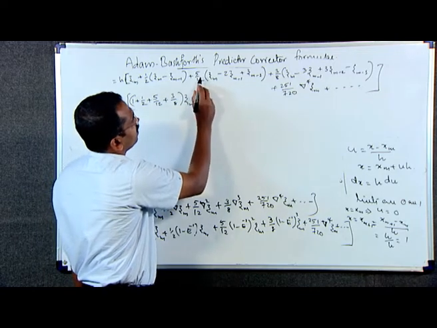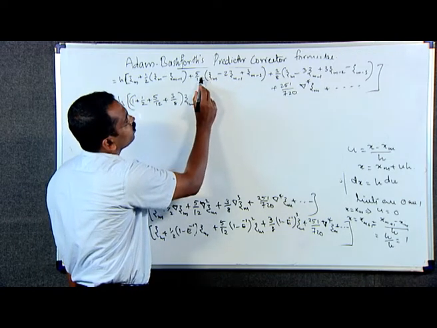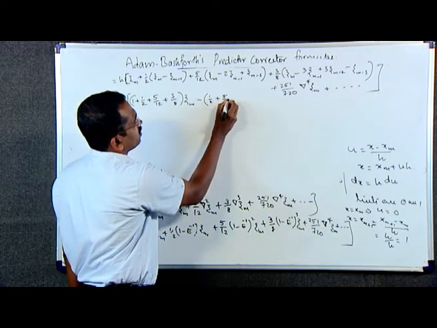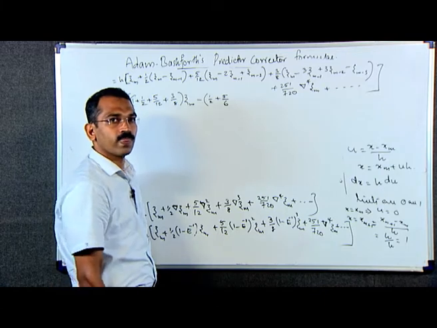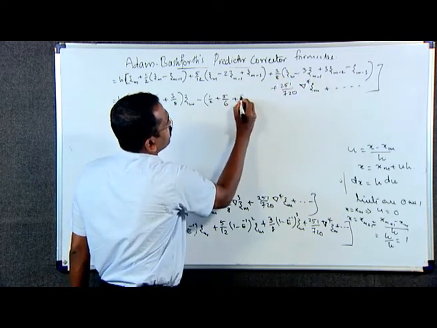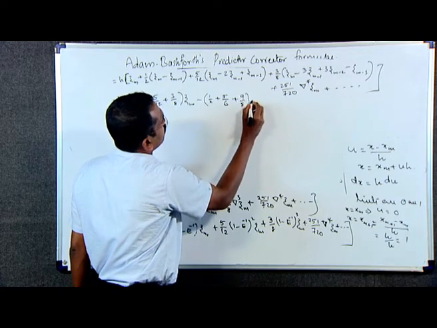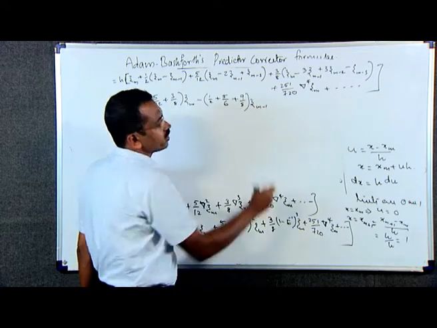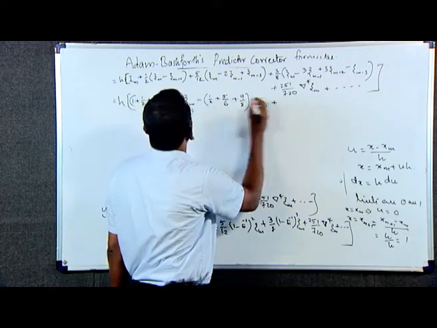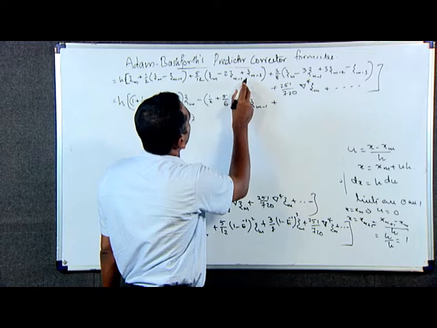In this term, minus 2 into 5/12, therefore we can write 5/6, plus in this term 9/8, Z_{m-1}, plus 5/12 into Z_{m-2}.